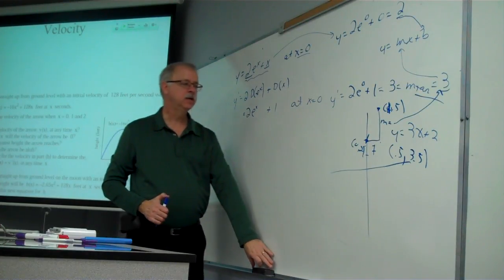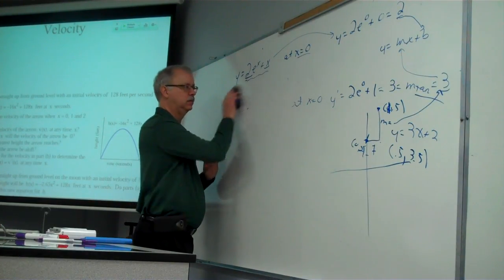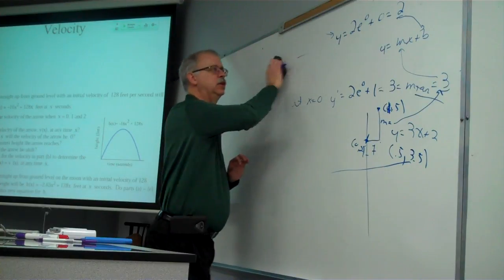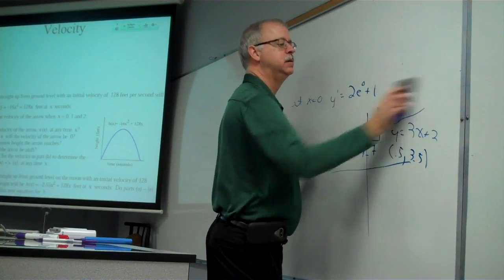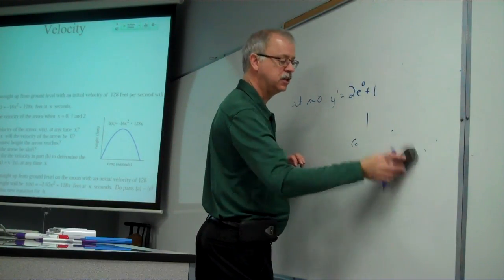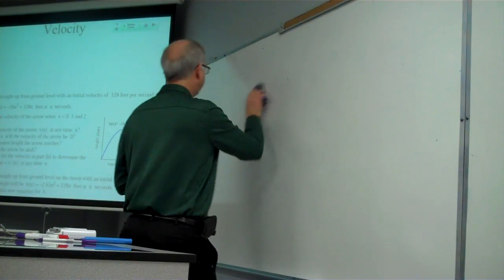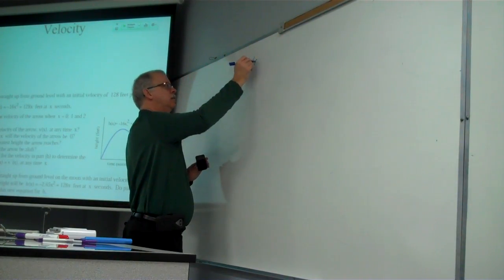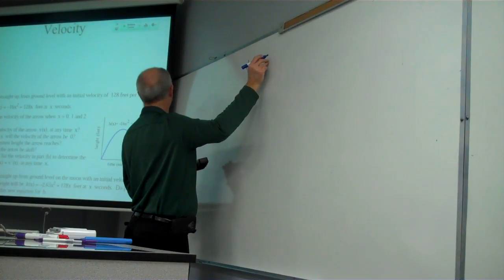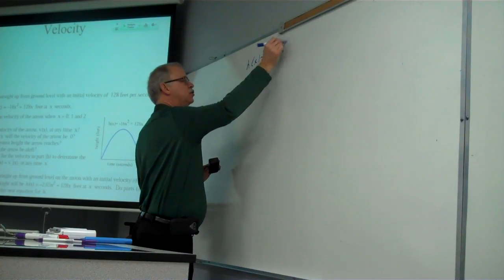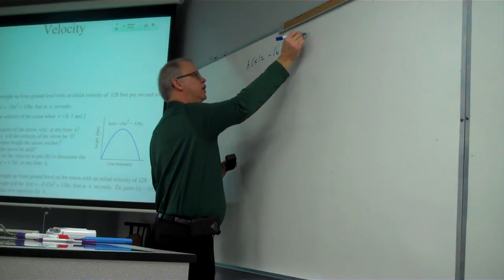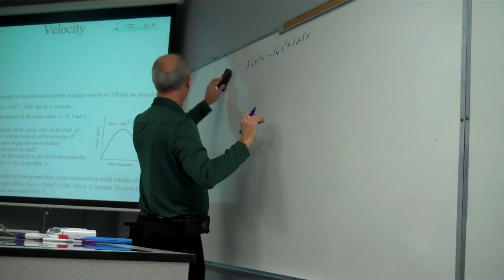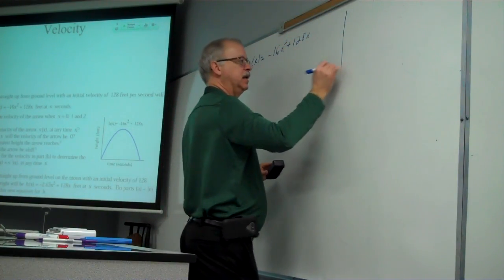Well, now that we've got a way to compute this derivative more readily, the derivative is the velocity. Knowing the velocity is going to tell us some things. So we've got this function, h of x, negative 16x squared plus 128x. And in fact, they kind of give us a graph.